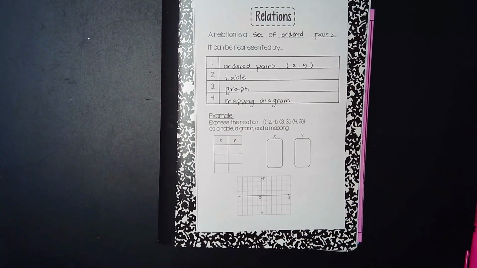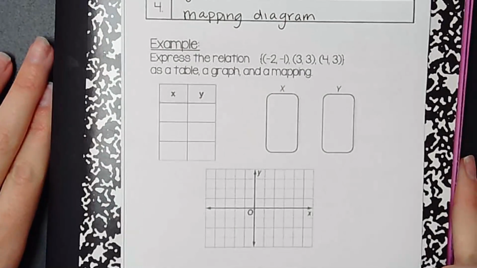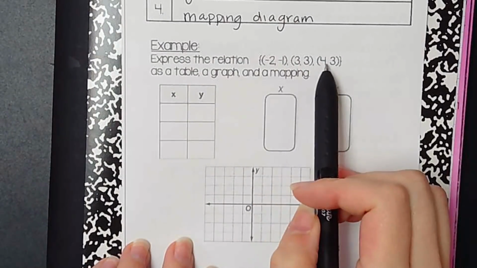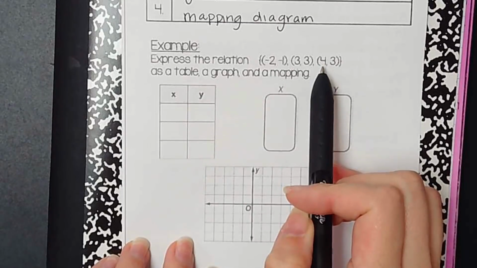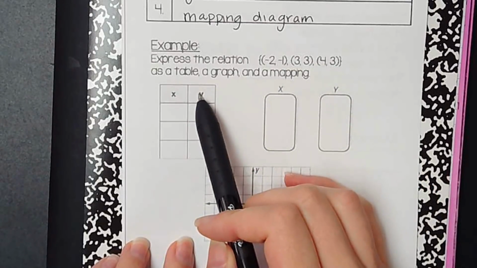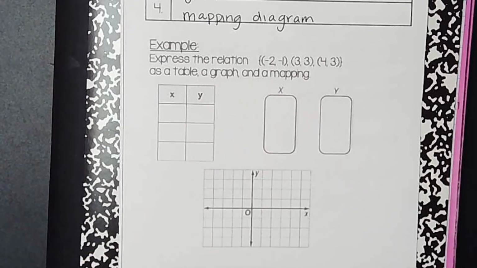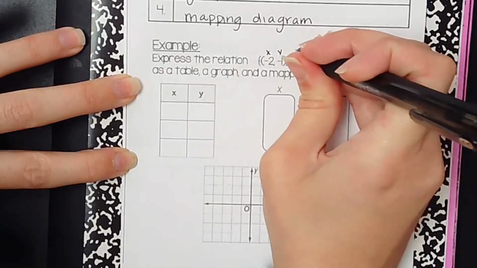So if we look at our first example down here, we want to express the relation that has these 3 ordered pairs in it. So they've given us the relation as a set of ordered pairs. We are going to make a table, a graph, and a mapping diagram. So when we're looking at our ordered pairs, they are x, comma, y.